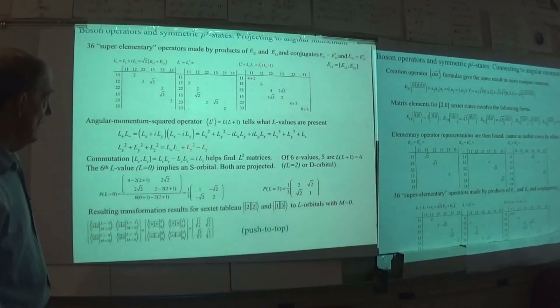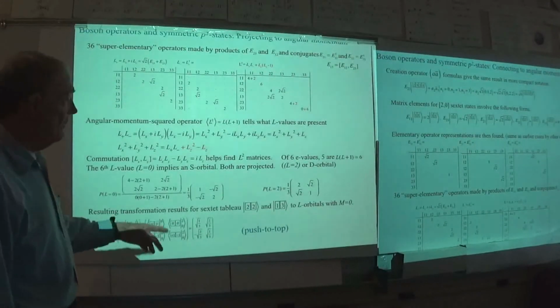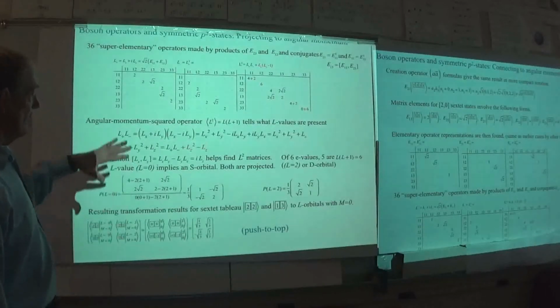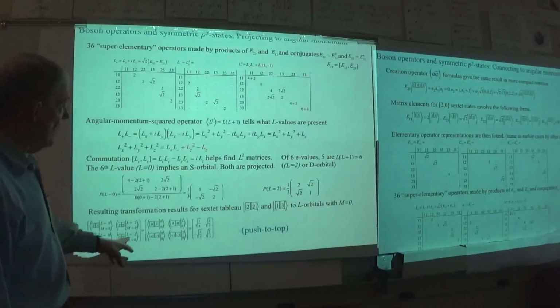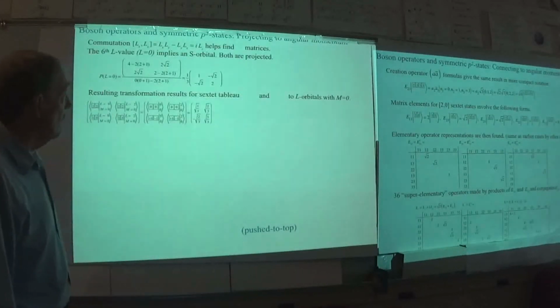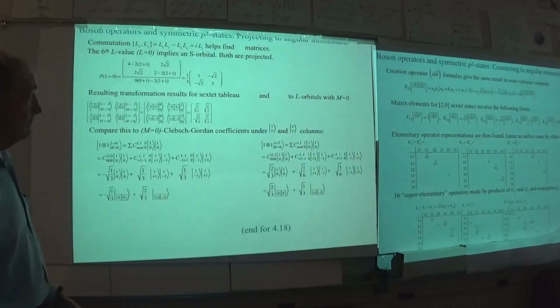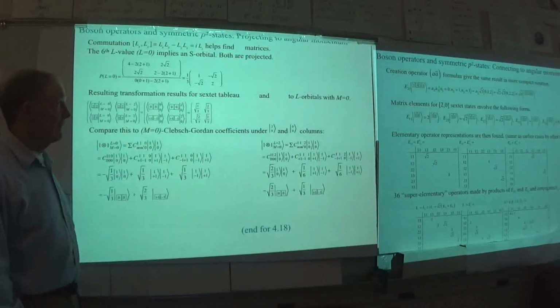That implies the S orbital. So this, and I'm going to push all this stuff up to the top. This right here gives you the Clebsch-Gordan coefficients for this particular coupling.